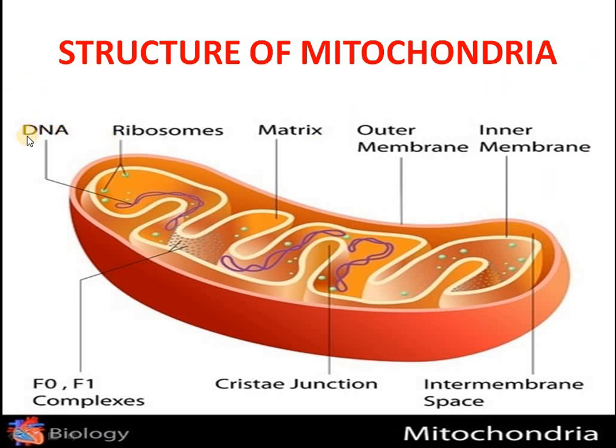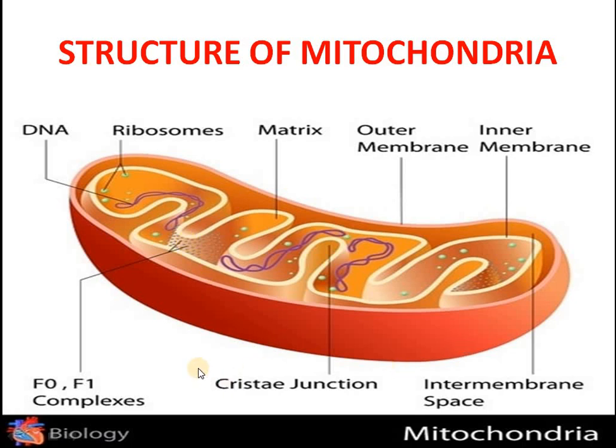Means mitochondria also consist of DNA molecules and ribosomes, so they also prepare some proteins required for its functioning, and these, you can see small beads like protruding over here. These are F0 F1 complexes, or you can say oxysomes, which are the site for this process of ATP generation.